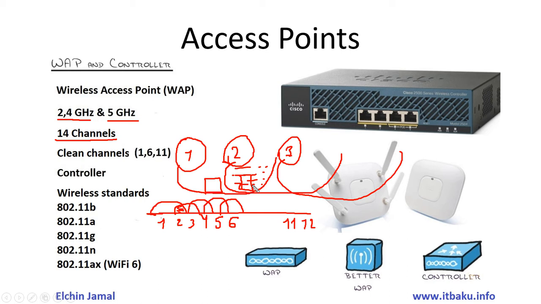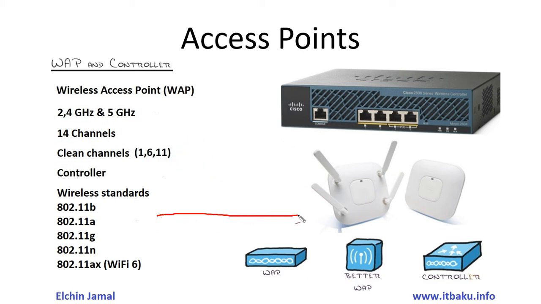To avoid these, we use clean channels. As you can see here, clean channels. For instance, first channel, sixth channel, 11th channel. Why are they clean channels? Look, if we take this diagram, first channel, second channel, third channel, fourth channel, 5, 6, 11.